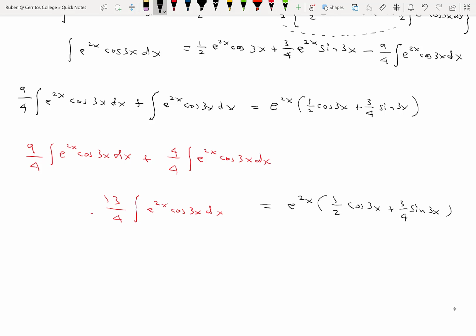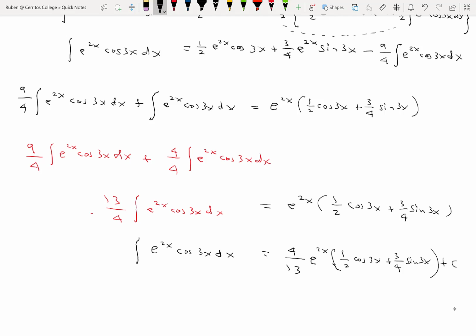We can then multiply both sides by 4/13. And then of course add the constant of integration. And we have our integral. So we have 4/13 times e to the 2x times 1/2 cosine 3x plus 3/4 sine 3x plus a constant.